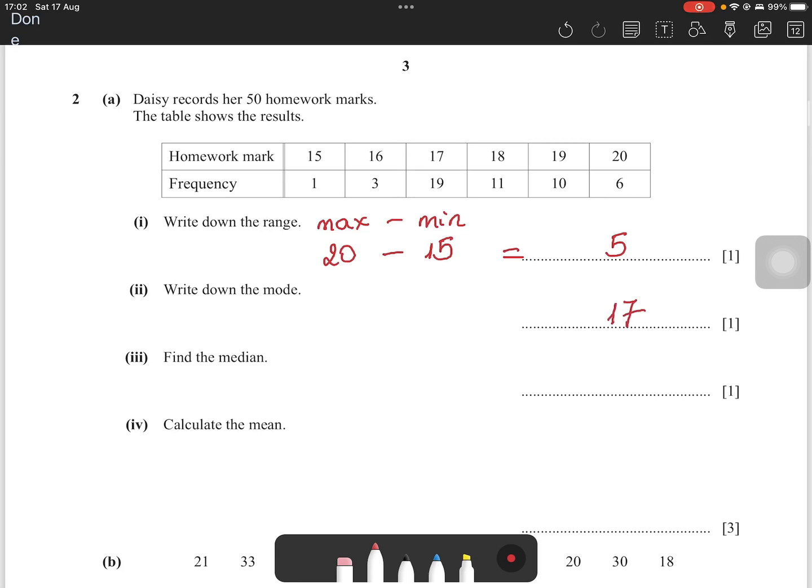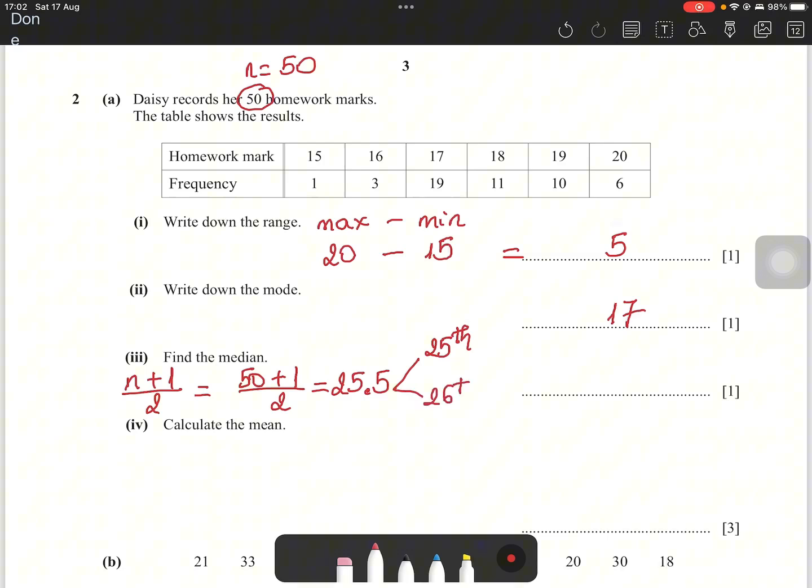Median. In this case, you see that n is equal to 50. And to find the position of the median, we use the formula n plus 1 over 2, which means 50 plus 1 over 2 equals 51 divided by 2 is 25.5. And this means the median is the average of the 25th and the 26th value.